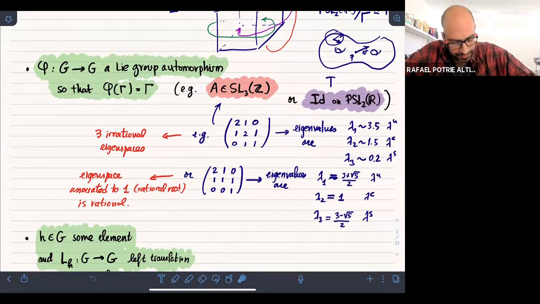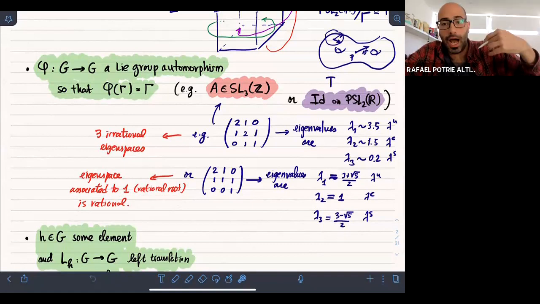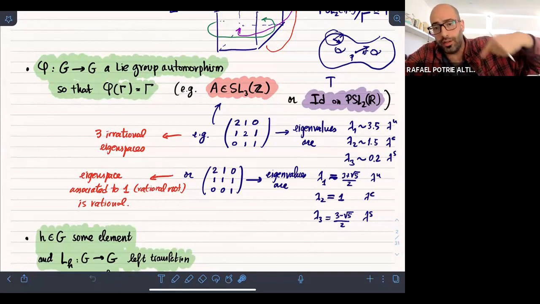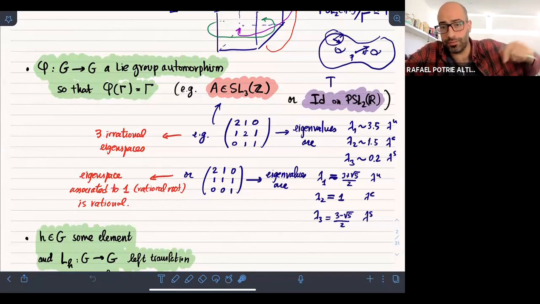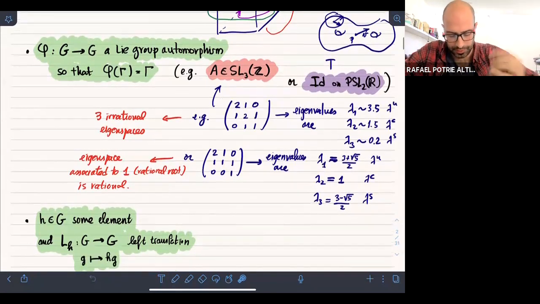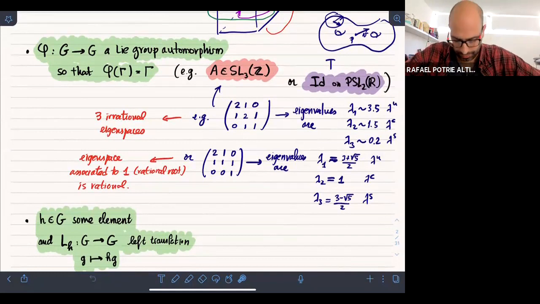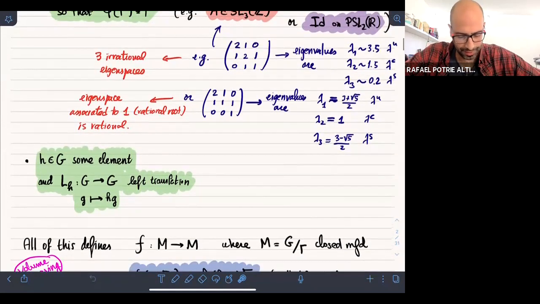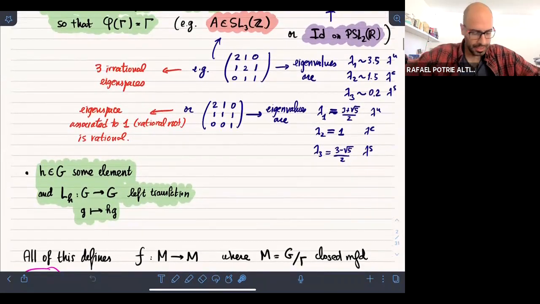The fact that you have a rational root means you have a rational eigenspace, and when you have a rational eigenspace, it will project to the torus as a foliation by circles. And this is another example to have in mind. Of course, there are many other examples. I won't tell how to describe all of them.